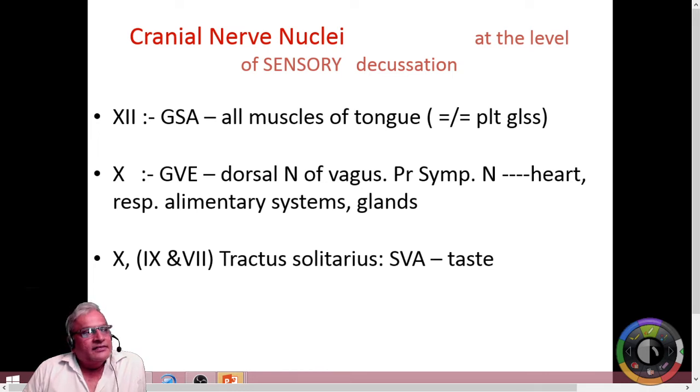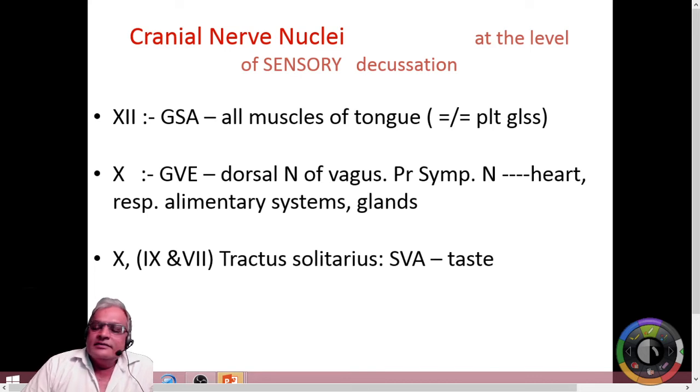The 7th supplies the anterior 2/3 of the tongue, the 9th supplies the posterior 1/3 of the tongue, and the 10th supplies a small part on the epiglottis. So all these have small contributions to the tractus solitarius. These are visceral afferents because they take the sensation towards the nucleus of the tractus solitarius.